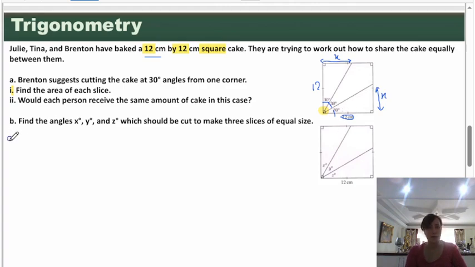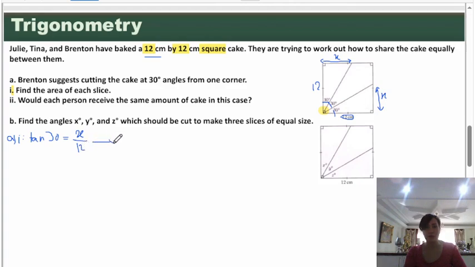I go for part A, and I say here x is the opposite side of angle 30. So I can find x. I remember the formula of tangent. So tangent of 30 equals the opposite side, which is x, over the adjacent side, which is 12.